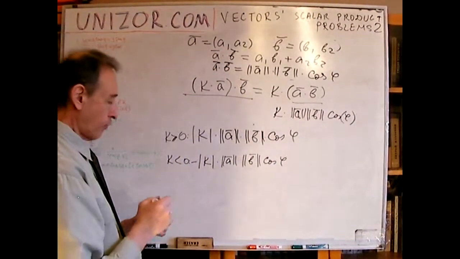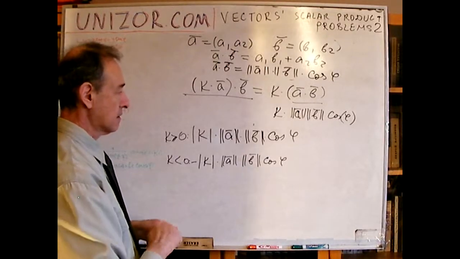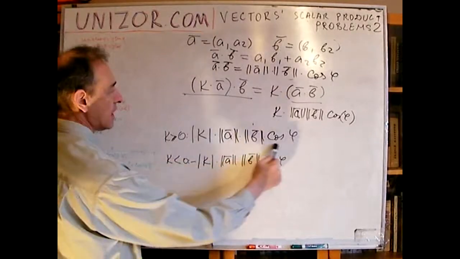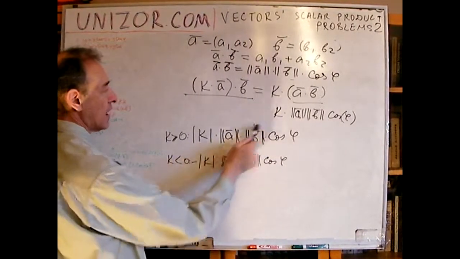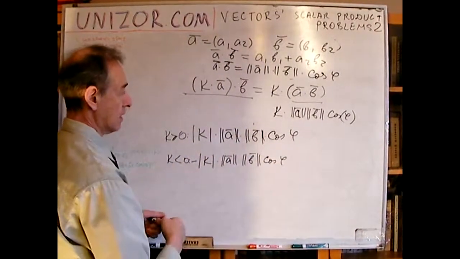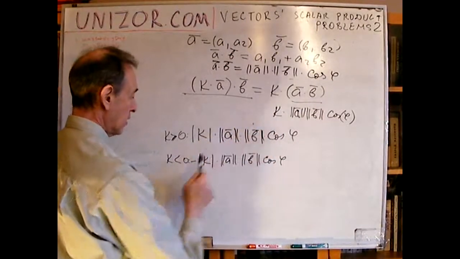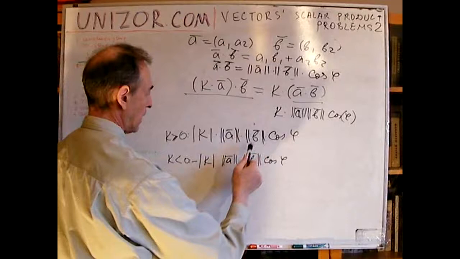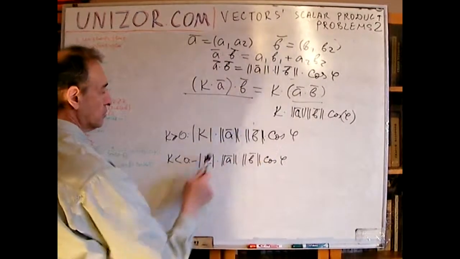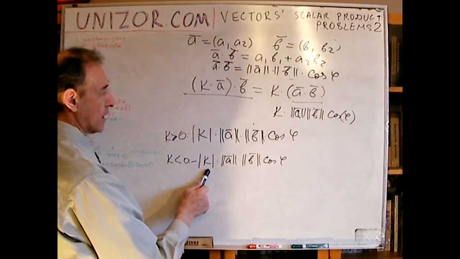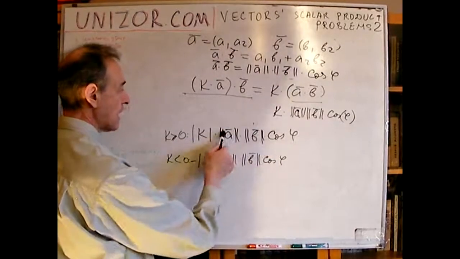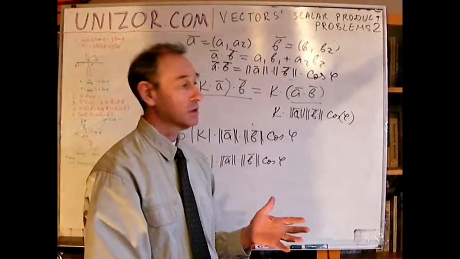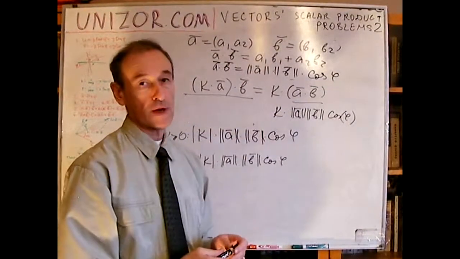So for positive k, we have exactly the same, because the absolute value of k for positive k is k. For negative k, we have this, because this is exactly the same cosine of phi, right? So negative k would be equal to minus absolute value of k. So in both cases, positive k or negative k, we have exactly the same result. So that's why the left part is equal to the right part.